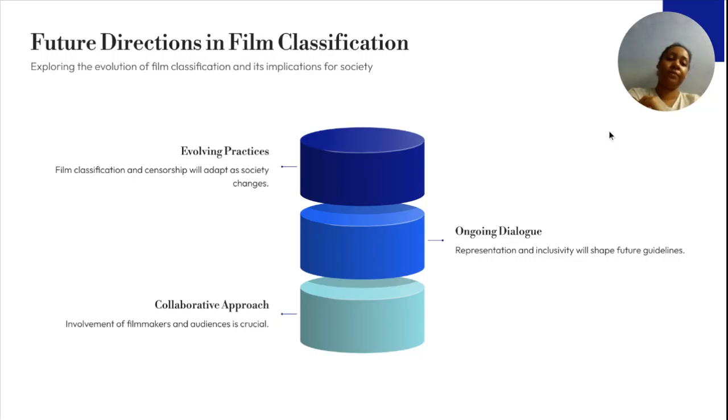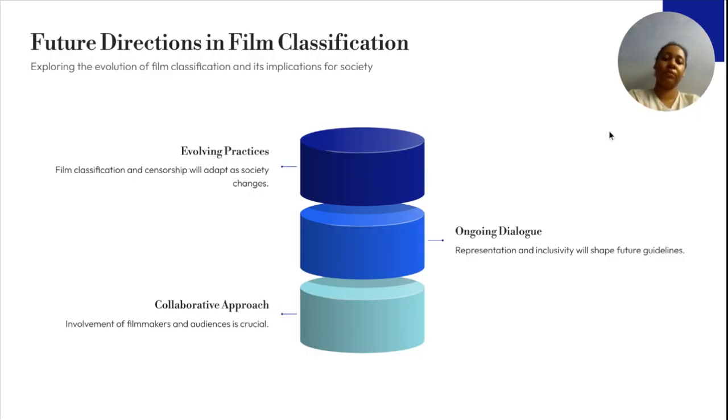And that's why we have come a long way, but I think there's more to be done. And the ongoing dialogue about representation and inclusivity will change the future guidelines on what the classification would say in terms of the age.